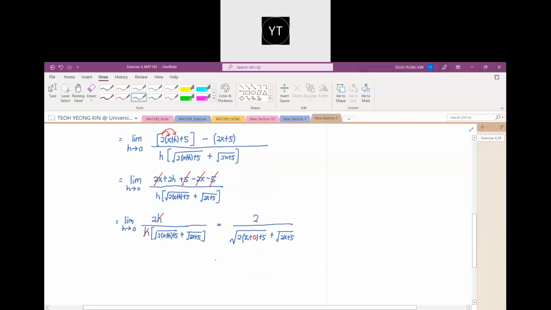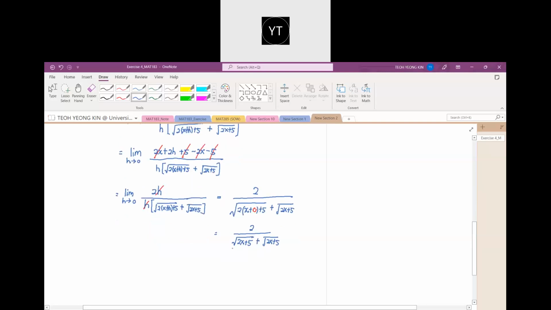Simplify again. 2 over square root of, this part is 2x plus 5, plus square root of 2x plus 5. Square root plus square root means that we have 2 square root 2x plus 5.